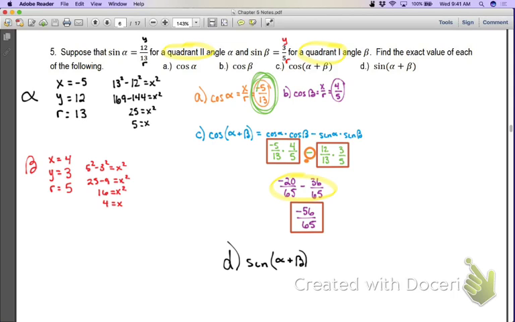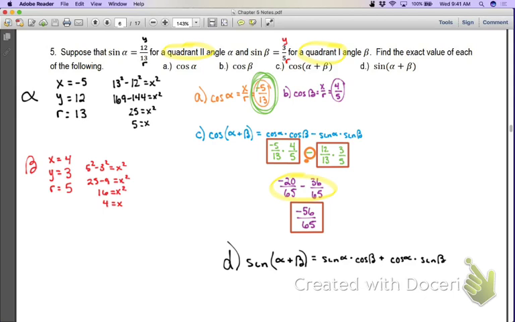So it would go sine of alpha times cosine of beta, and then it's a plus, so I would add cosine of alpha times sine of beta. I would use the same numbers.